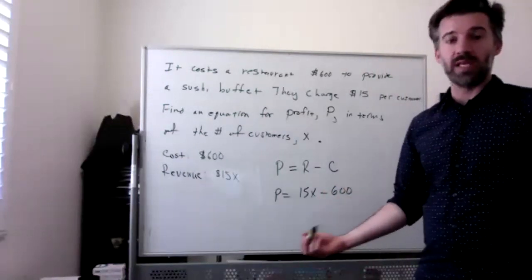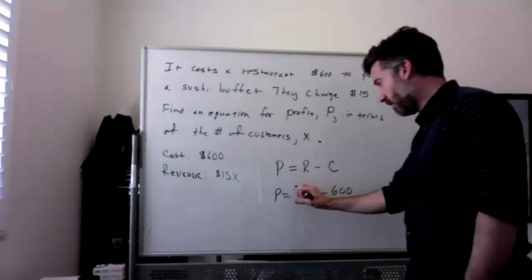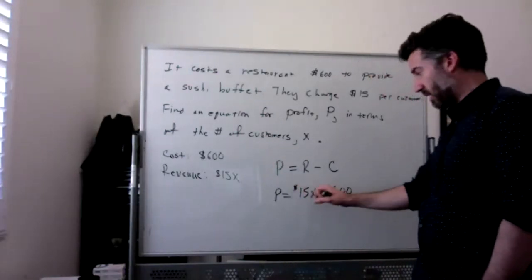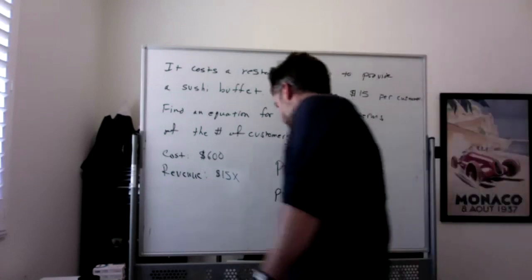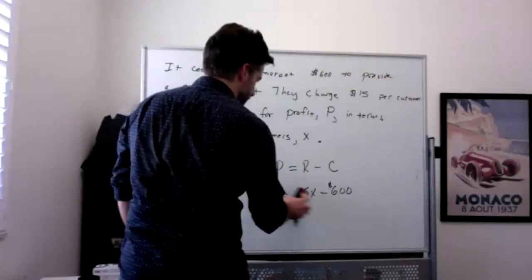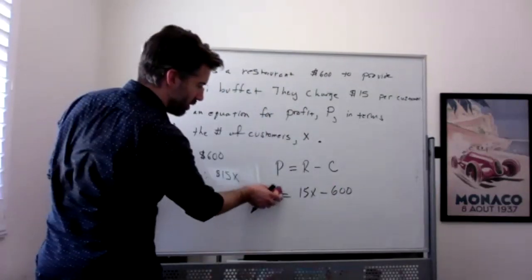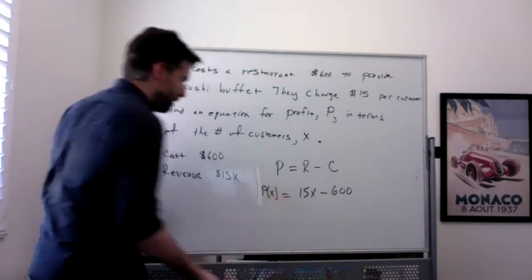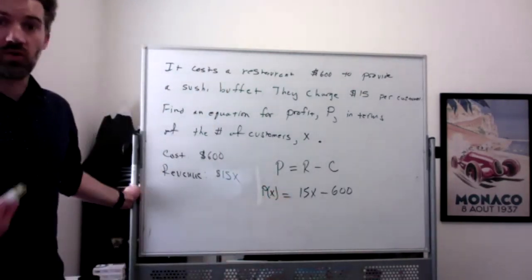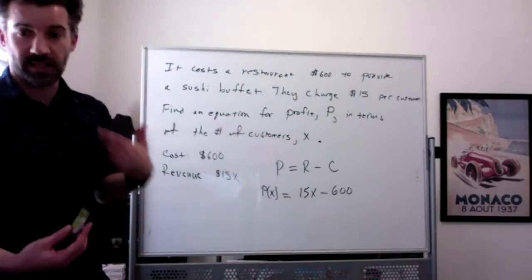We often leave off the units when we are writing the equation, although you could totally write $15 times x minus $600. That would also be perfectly fine. And you can either write this as P equals 15x minus 600, or you could write it as P of x to indicate the functional relationship that P of x depends on what x is.